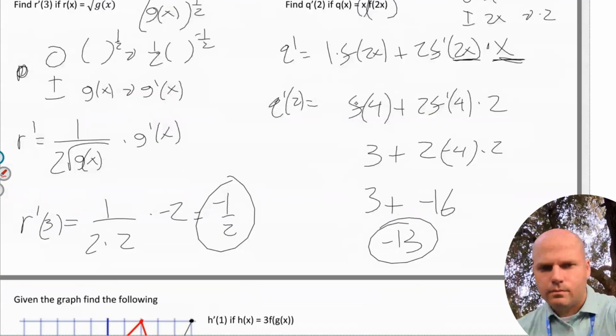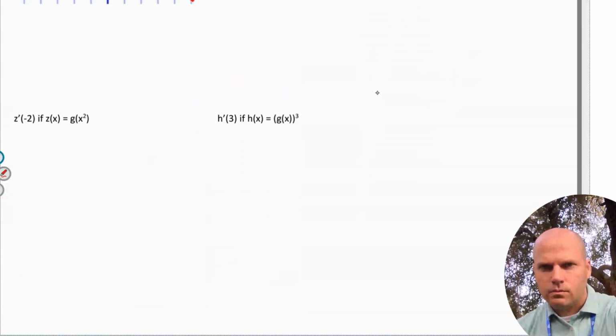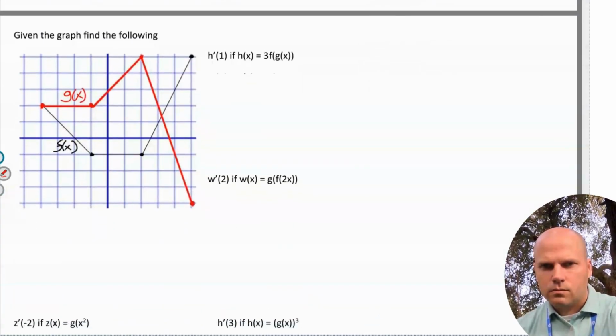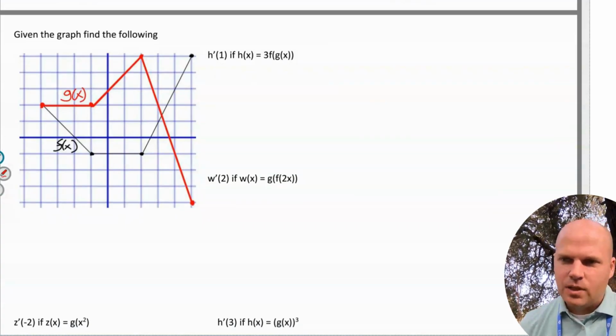Cool. Just more practice, only extracting the information. Let's see how the inside outside kind of works here.